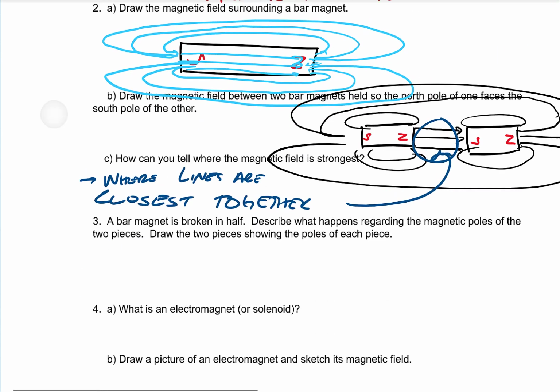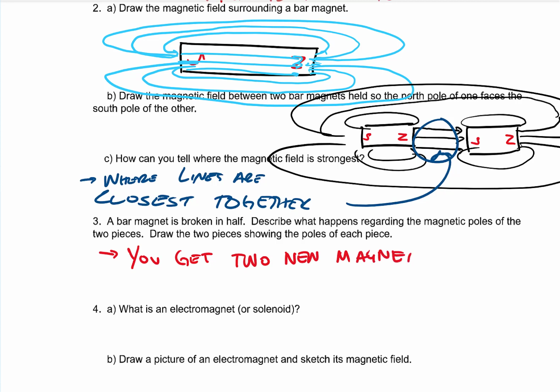A bar magnet's broken in half. Describe what happens to the magnetic poles. Draw the pieces showing the poles for each piece. You get two new magnets, both with north and south poles.